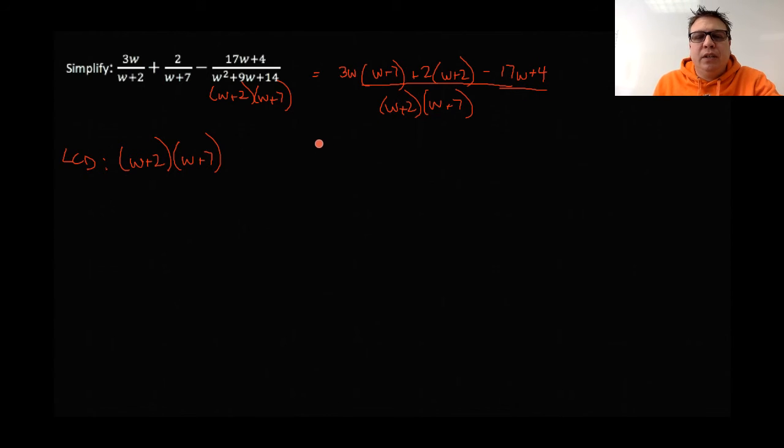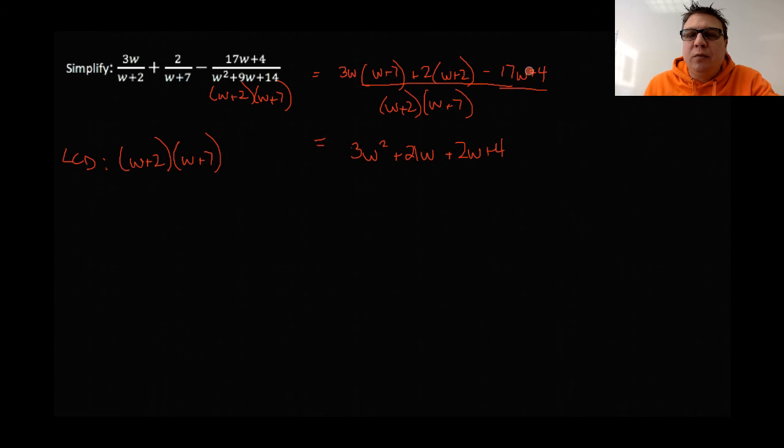All right, so now let's go through and multiply all this out. Okay, my numerator is 3w squared plus 21w, distribute the 2, plus 2w plus 4, and then actually I made a small error here.